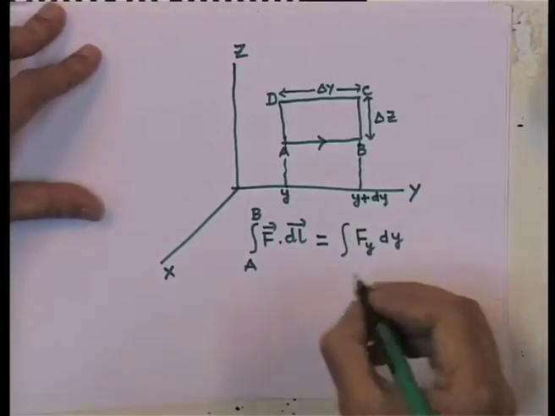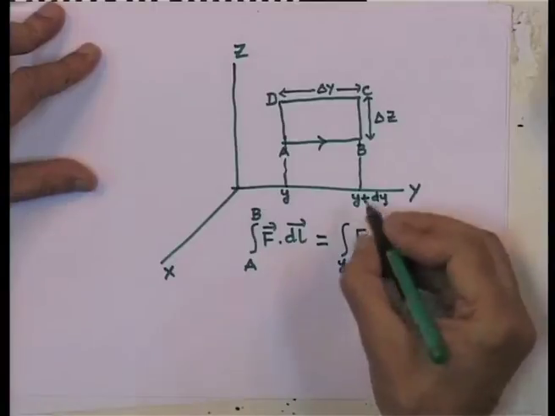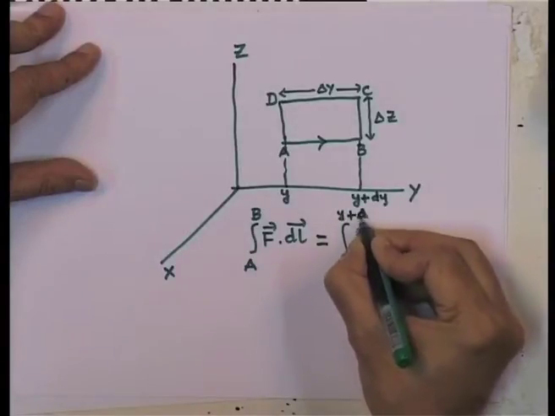So, this will be from y to y plus delta y, let us say.